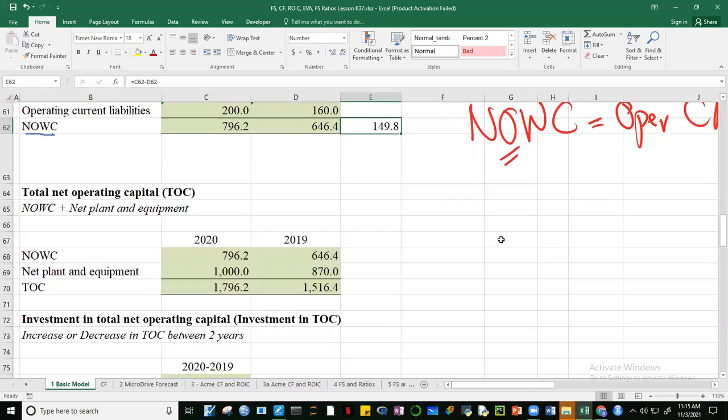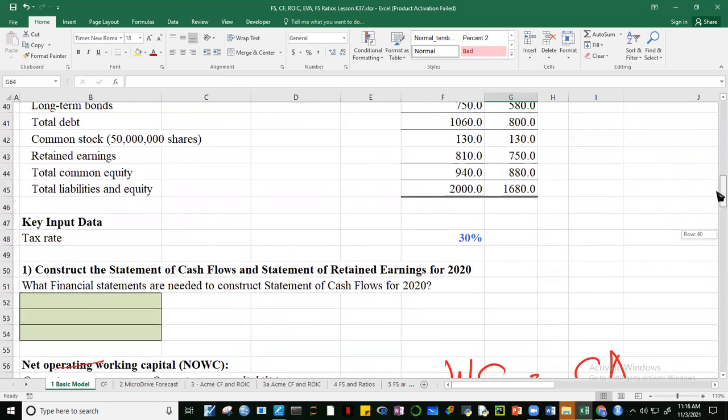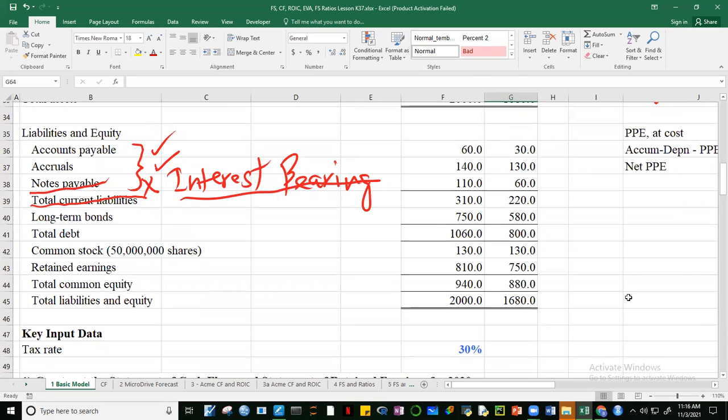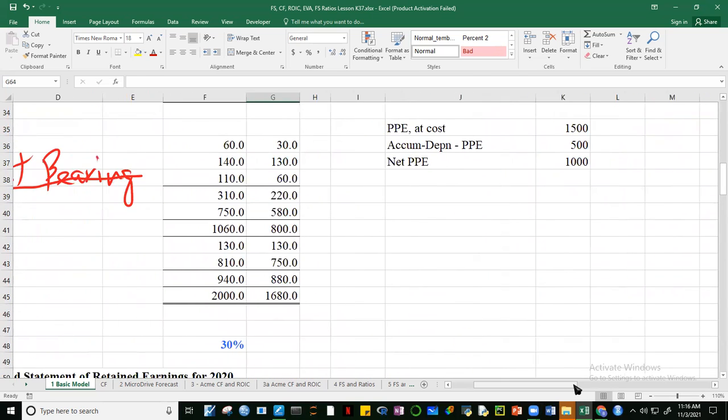And we said that the formula for this one is the one that we computed a while ago, net operating working capital plus your net property, plant, and equipment. Now, last time we said that property, plant, and equipment can be presented in two ways. It can be presented in this way, okay, or just this.